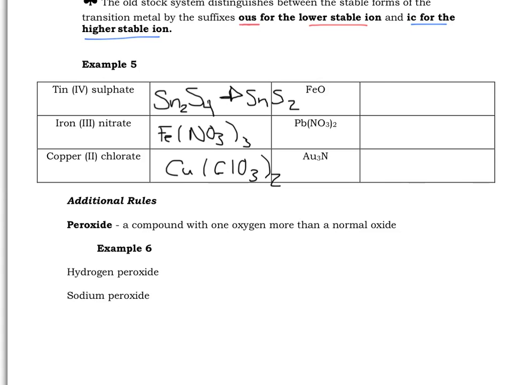So in the case of iron 3 nitrate, iron's got a 3 plus charge, the nitrate's got a -1 charge. So we're going to need 3 nitrates in order to balance the charge on the iron. And then similarly in the copper, we're going to need 2 chlorates to balance the charge on the single copper.